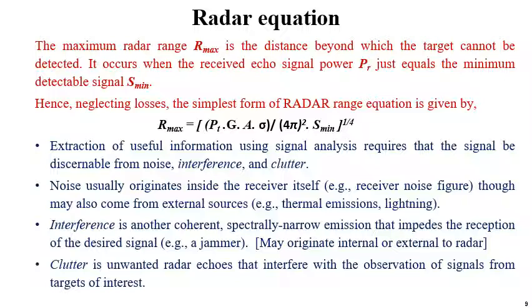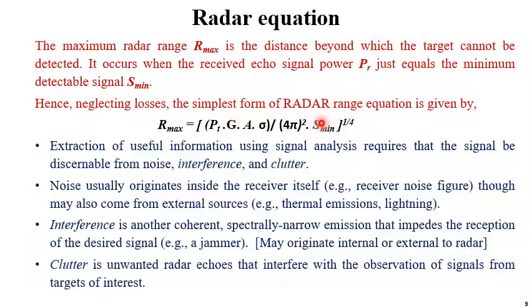So, if we neglect the loss, the simplest form of the radar range equation can be written as Rmax equals PT G A sigma by 4 pi whole square S min, whole to the power 1 by 4. So now you can understand the importance of this S min. This is the minimum amount of power that the radar receiver can detect.